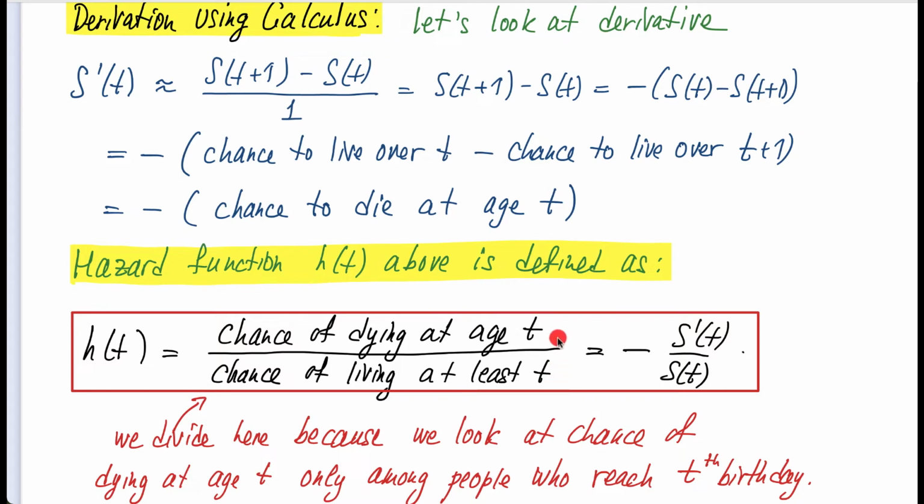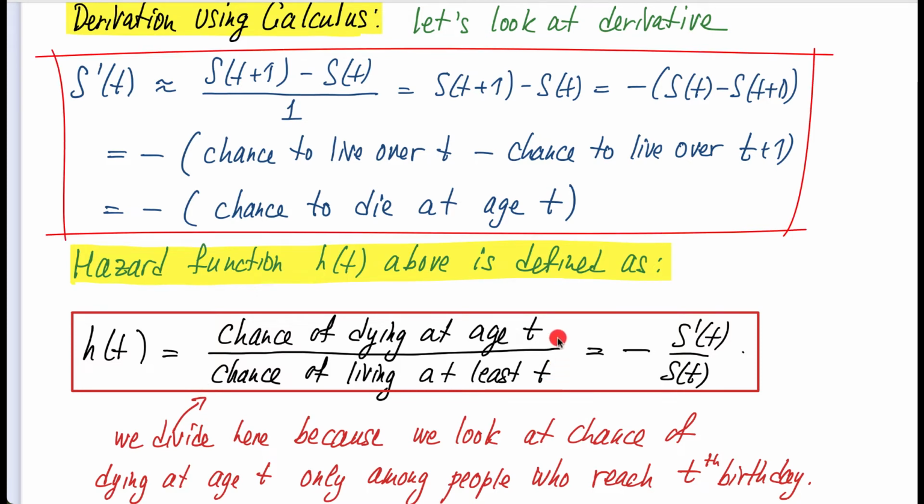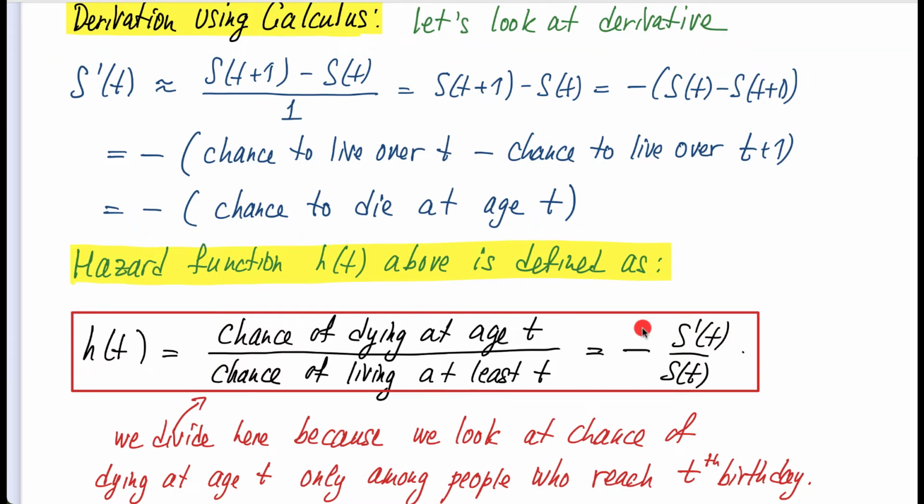And now the numerator is exactly what we computed above. This is just minus the derivative of the survival function, and the denominator is the survival function. So we see that the hazard function in the second column is related to the survival function in the third column by this formula: minus s prime divided by s.